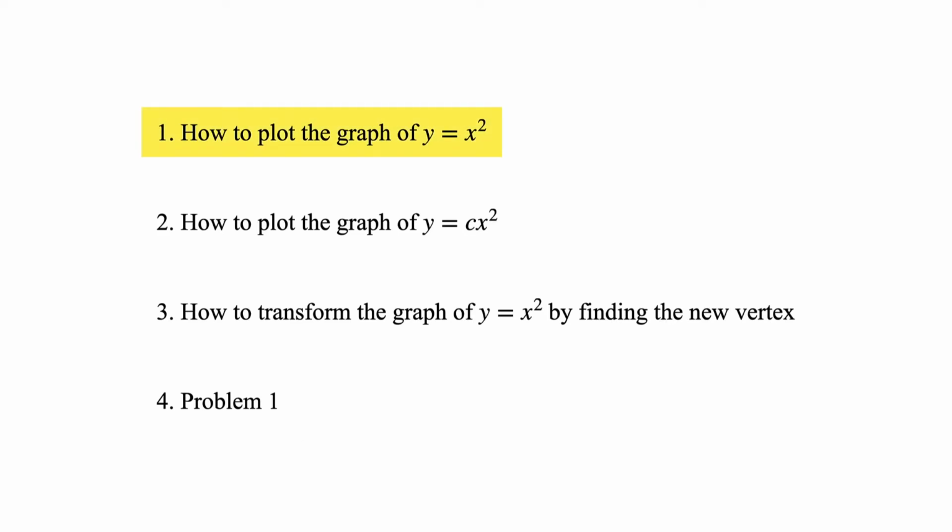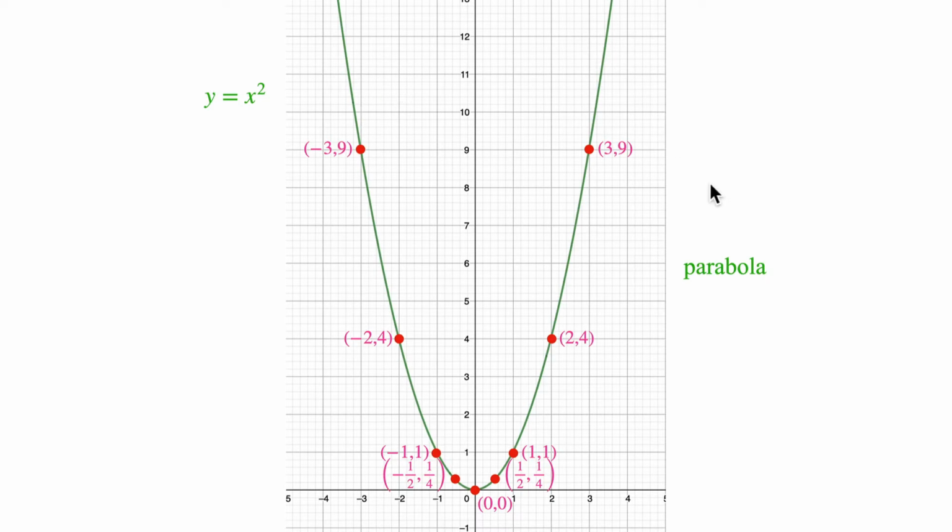So first, how to plot the graph of y is equal to x squared? Well, you know that to plot such a graph you need some points, and in this case you know that the graph will be a kind of line which is called a parabola. You have seen this at school, so it is enough to find some points in which it is easy to compute the value and just plot their coordinates, like for example here.